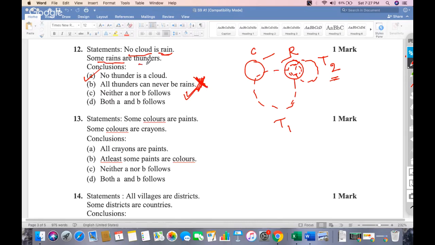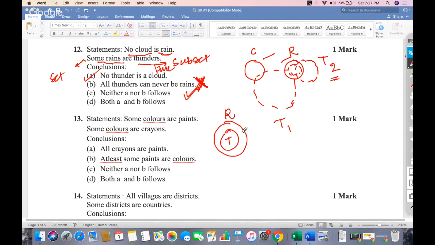Some rains are thunders can be written. It means that rain is a set and thunder can be a subset, pure subset, or it can be like this. I can write some rain or thunders like this. This is rain and this is thunder.